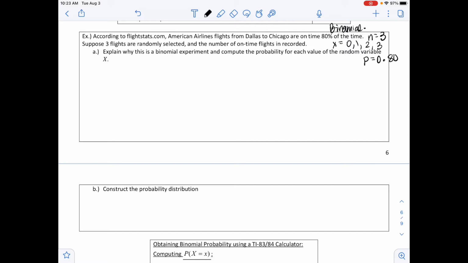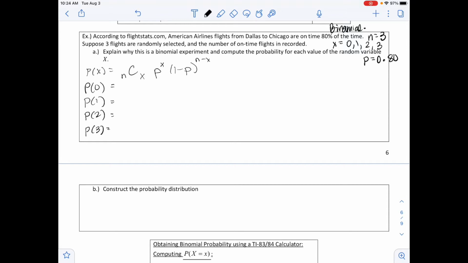So the first thing we're going to do is write down the binomial probability distribution, which is stated up above, which is P of x equals N choose x, P to the x, 1 minus P to the N minus x. And so we have to do this for all the values of x, which is going to be 0, 1, 2, and 3.